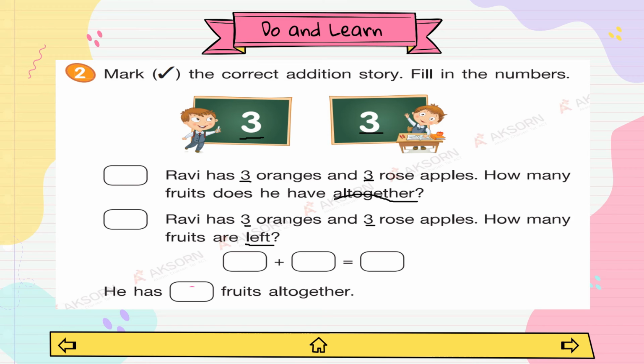But since it's an addition story, we are going to add, or combine the numbers. So the correct answer is: Ravi has 3 oranges and 3 rose apples. How many fruits does he have altogether? Now let's fill in the numbers. 3 plus 3 is equal to 6. So he has 6 fruits altogether.